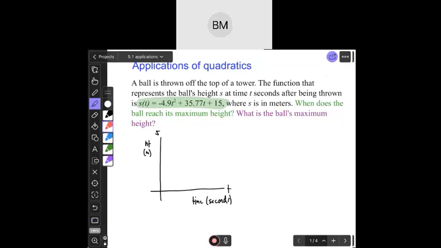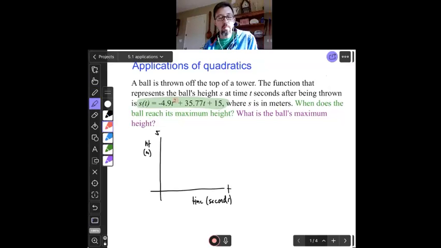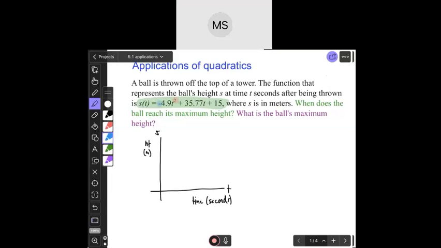By the square, okay. So we're going to draw a parabola. It opens down. How'd you know it opens down, Maddie? The negative in the front, okay.